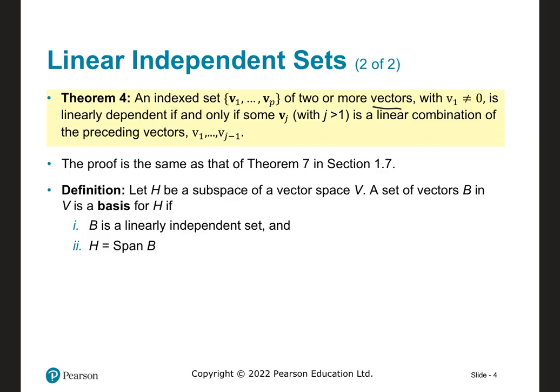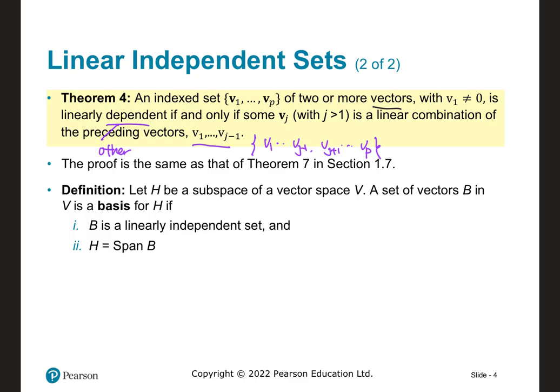So given any arbitrary vector space, if I consider the set of p vectors in that space, that will be linearly dependent if and only if one of the vectors is a linear combination of the preceding vectors, or it is a linear combination of the other vectors. So V1 up to V sub j minus 1 and say V sub j plus 1 up to Vp.